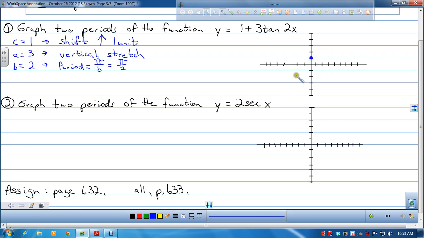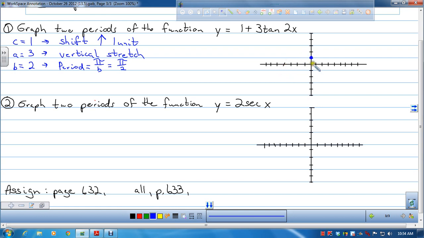Sometimes it's a lot easier to draw the graph before you label, and then label things afterwards. It's completely up to you, but some people find that easier. Remember, there's always a key point a quarter of the way and then at the end of a period.